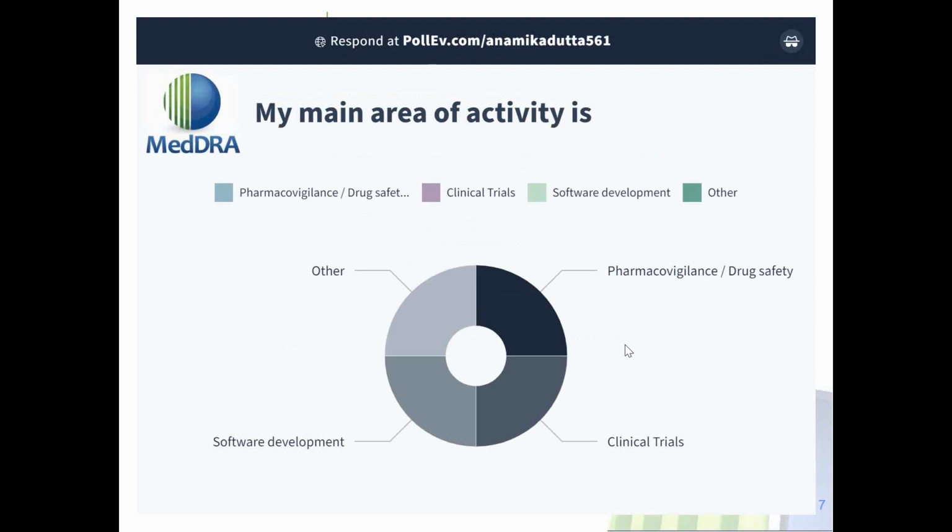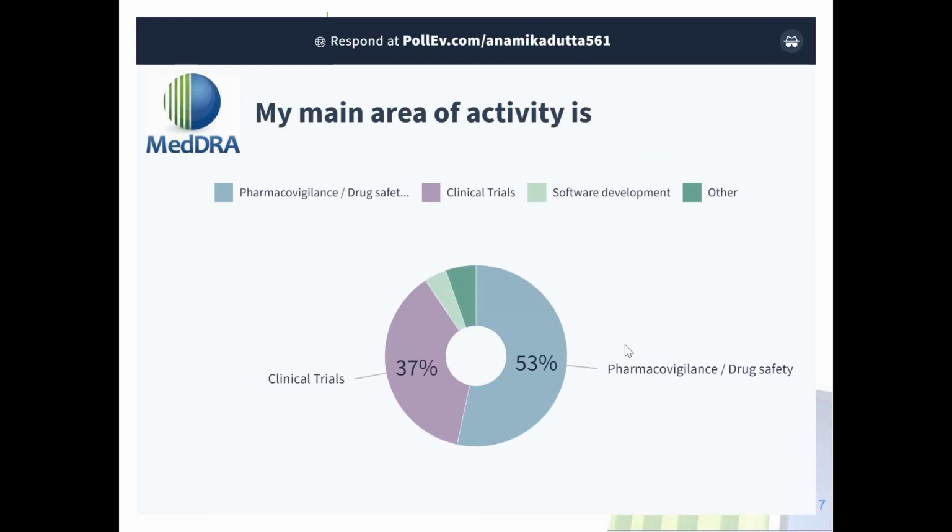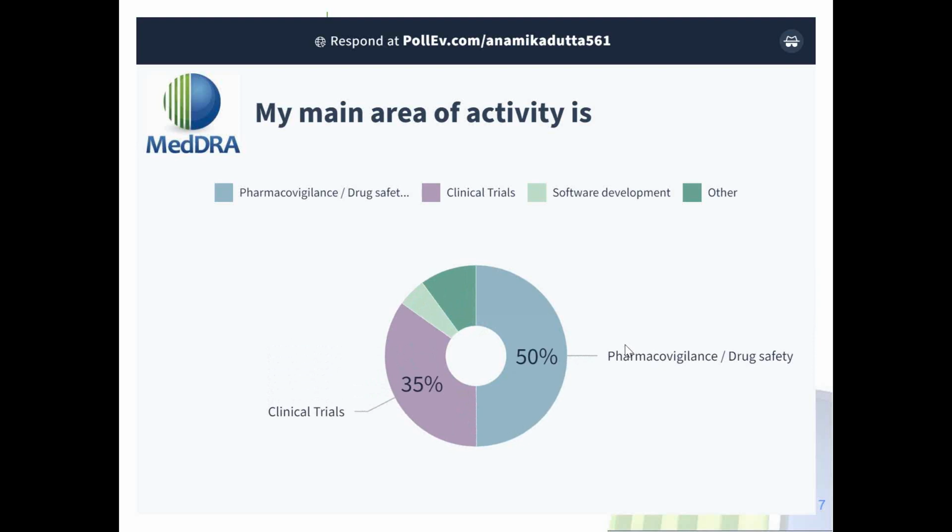And then within your organization, what is your main area of activity? Do you focus on clinical trials? Are you in the safety area, or do you develop software or some other type of activity? Okay, looks like the majority are focused on pharmacovigilance and drug safety.